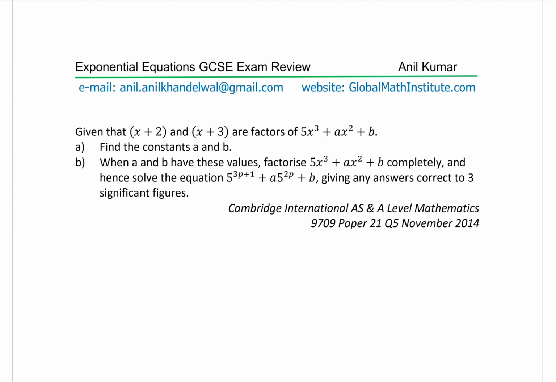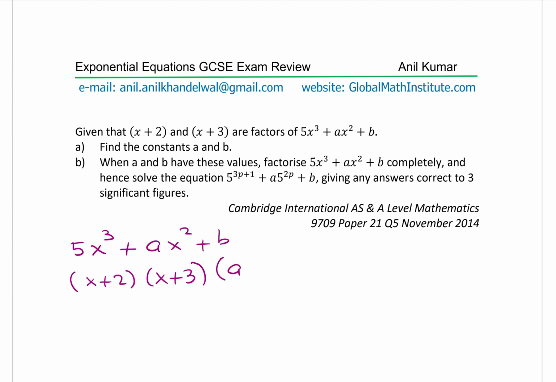What we are given here is that two factors are given to us and the equation is given to us. So the equation is 5x cubed plus ax squared plus b. And we're given two factors, which is x plus 2 and x plus 3. So when you multiply, you obviously get quadratic equation, not cubic equation, right? That means one factor is missing.